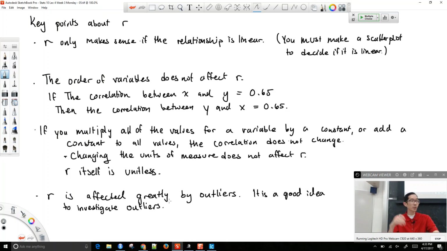Is there a reason why this one dot is way out here or somewhere else, and doesn't quite fit the rest of the pattern? It's a good idea to look into that.